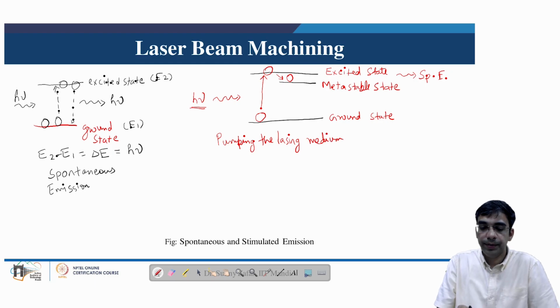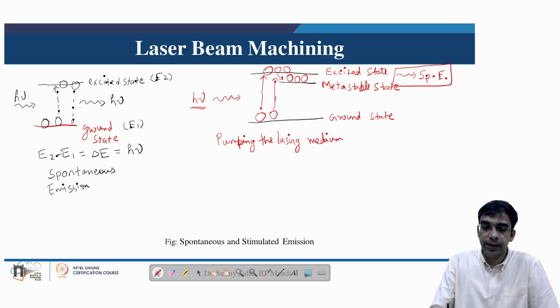So because of this pumping action, several electrons may go from the ground state to the excited state, and after losing a small amount of energy by spontaneous emission, they will come and sit on this metastable state.